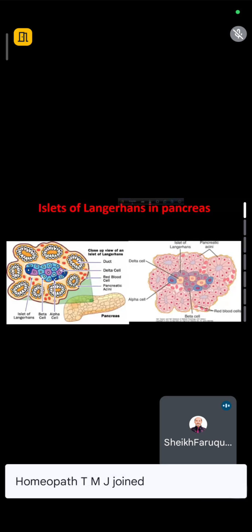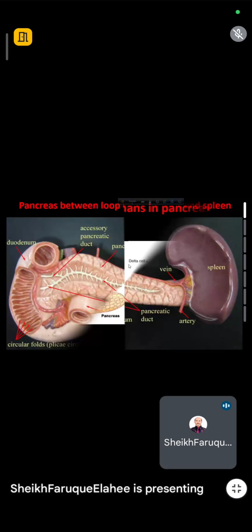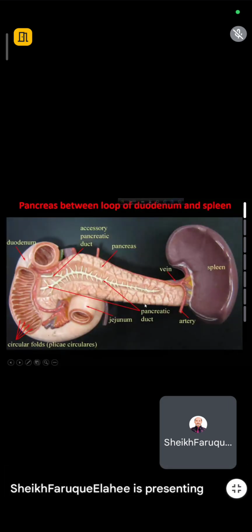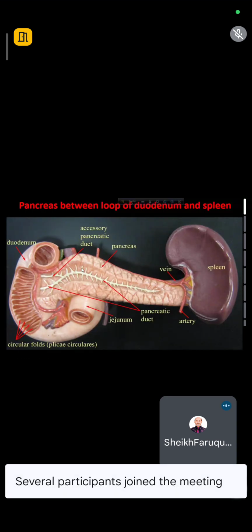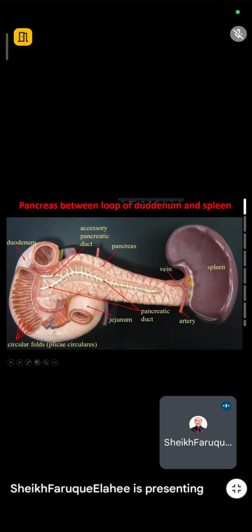So you saw the pancreas before. This is a big gland. Only 1 to 2% of the gland is endocrine, and 98% of the gland is exocrine. The exocrine part of the pancreas secretes digestive juices, which we'll discuss afterwards.